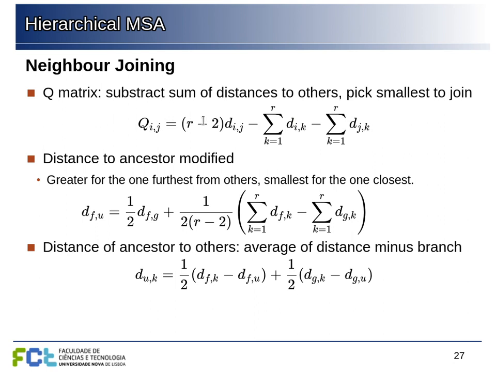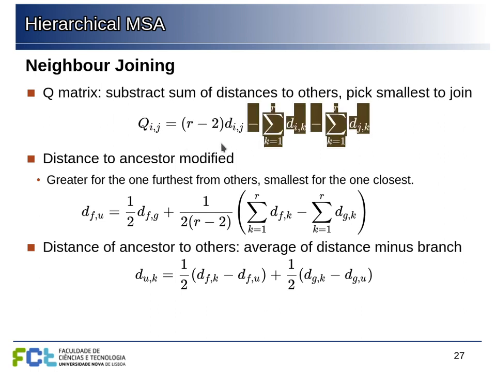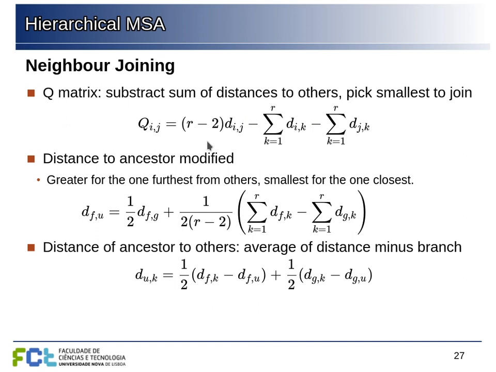So this means that if we have a pair of sequences, I and J, that are very different from all the other sequences in our set, the actual distance that we're going to count for doing the clustering, for creating this tree, will be lower than the distance between them. So the farther away from other sequences they are, the closer together we will consider them to be when computing the tree.